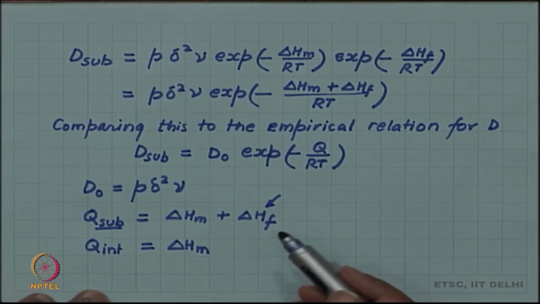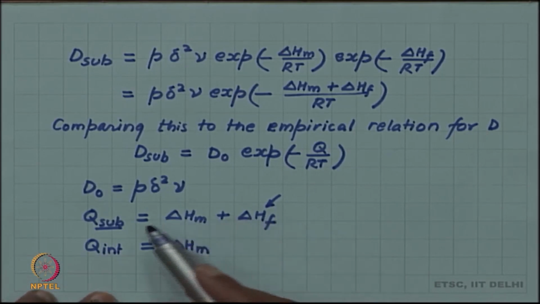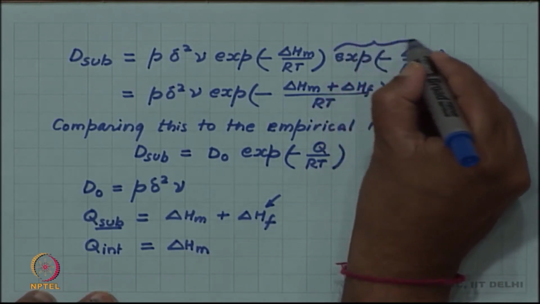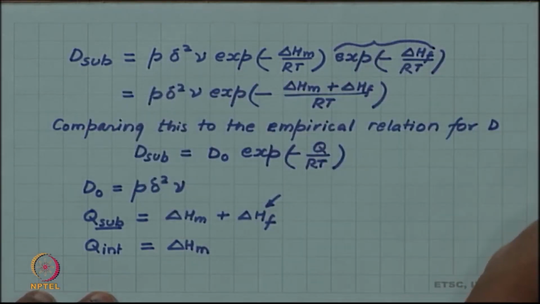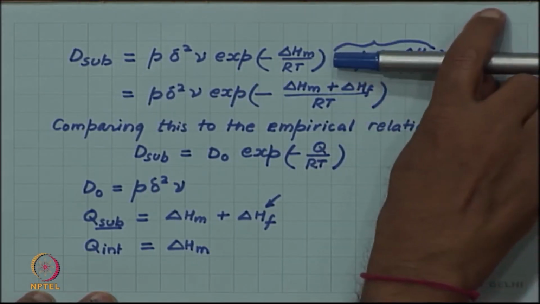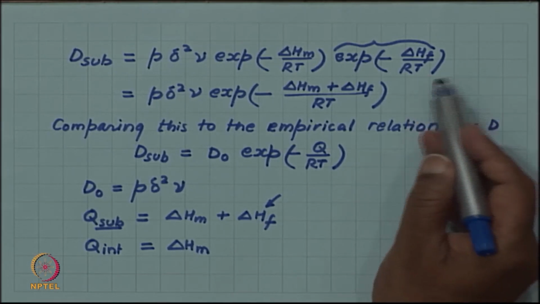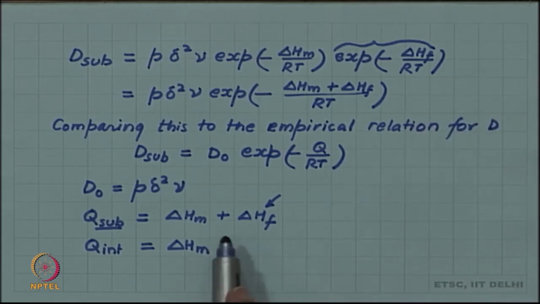This is what tends to make substitutional diffusion slower, because you have this very small factor multiplying the diffusivity, which was not there in interstitial diffusion. So, we have already noted that substitutional diffusion is usually much slower than interstitial diffusion, and we now see that that is coming from this fraction of vacant sites, which also contributes to the activation energy for substitutional diffusion.